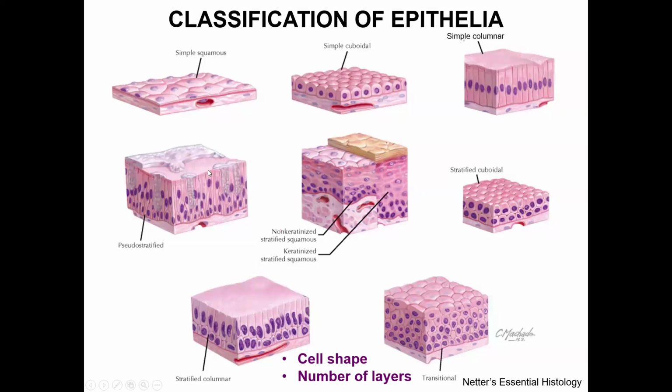So this is the pseudostratified epithelium. And then there is the transitional epithelium, which is a stratified epithelium that changes its appearance dependent on the degree of stretching of the epithelium.